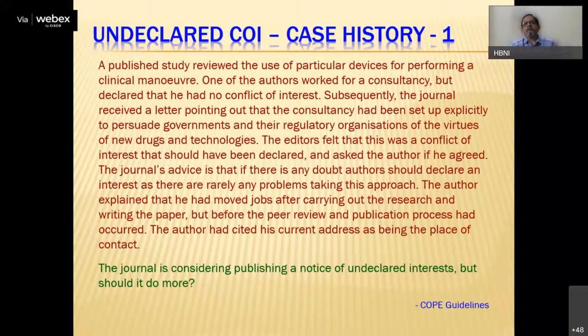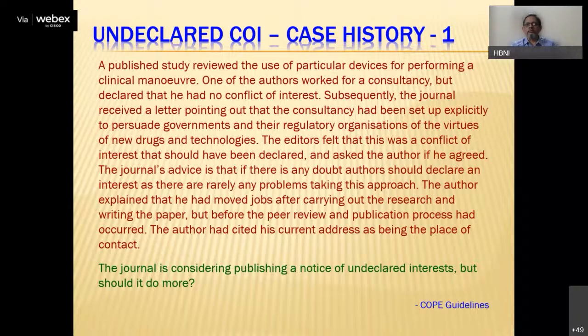So the editors felt that this was a conflict of interest and that it should have been declared. Then they asked the author if he agreed. The journal's advice is that if there is any doubt, authors should declare an interest, as there are rarely any problems in taking this approach, because there's no harm in declaring any conflict of interest.